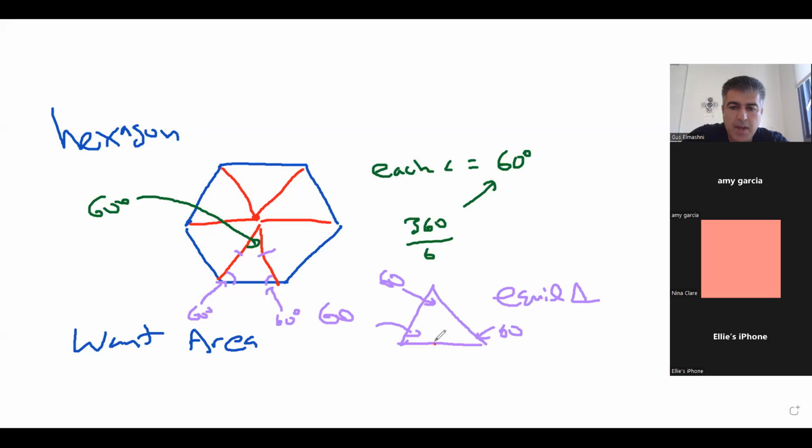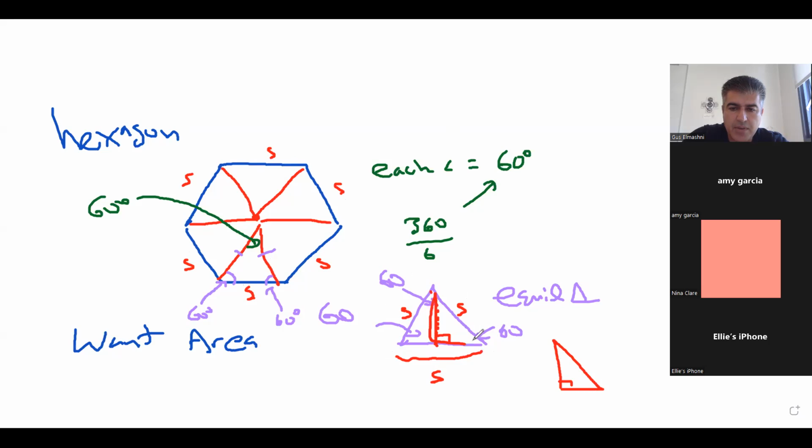And I could actually break it up like this. Now I can call this S. And of course, this would be S and this would be S. And that's just the length of the side. In fact, I'll call all sides of the hexagon S. Well, if we break this down even further, you can make a right triangle, right?